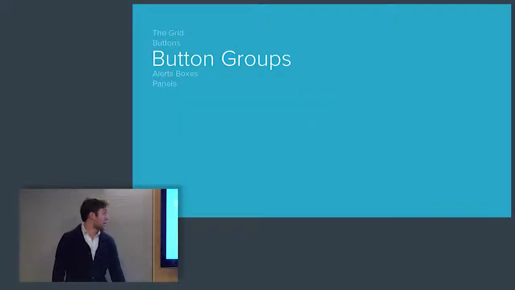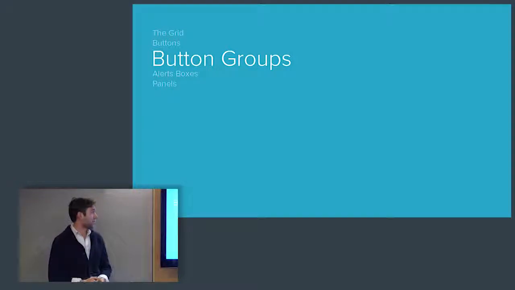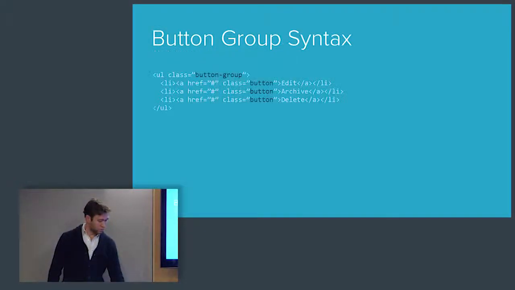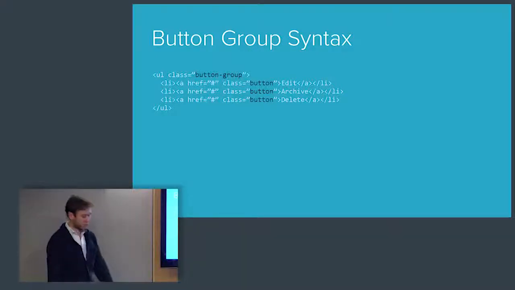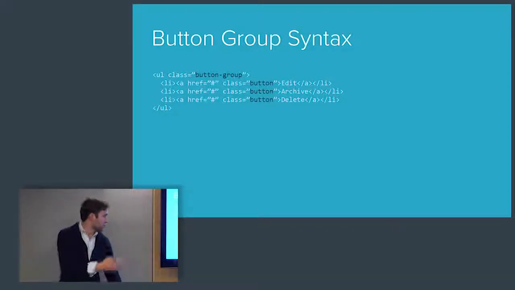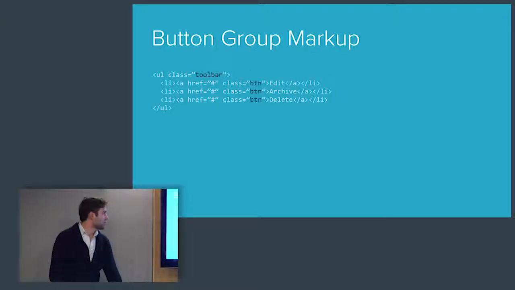Button groups. Now that we've made these awesome buttons, let's look at how to make them work as a unit. Button group syntax is pretty simple. It's an unordered list with list items and anchor links that are buttons inside of them. This is the basic default markup. It's still a little bit presentational, so we can change that to whatever we want.